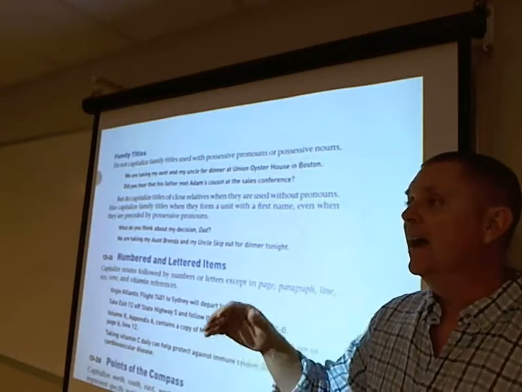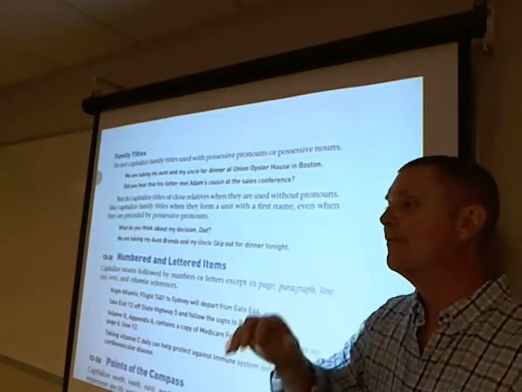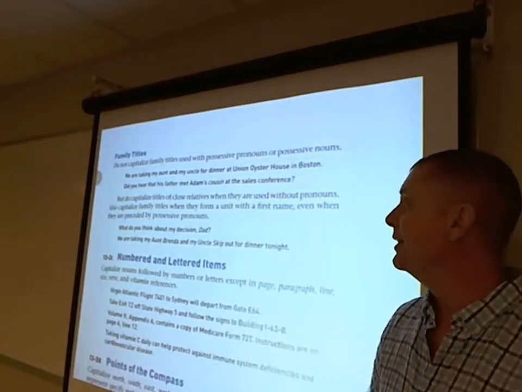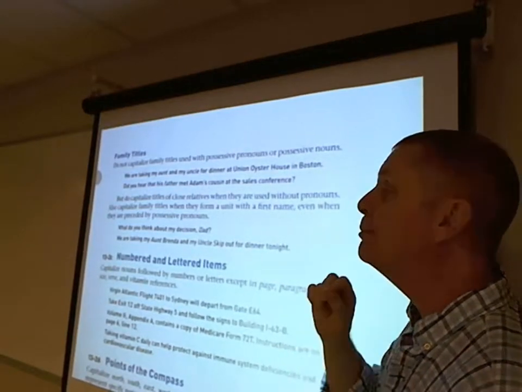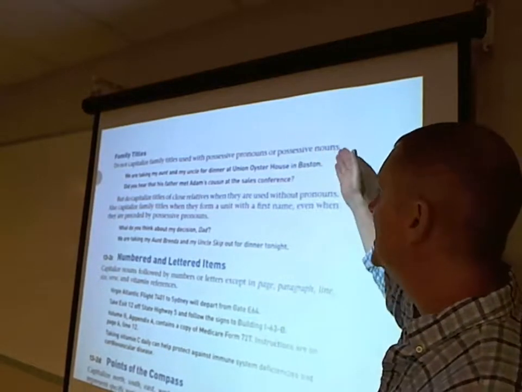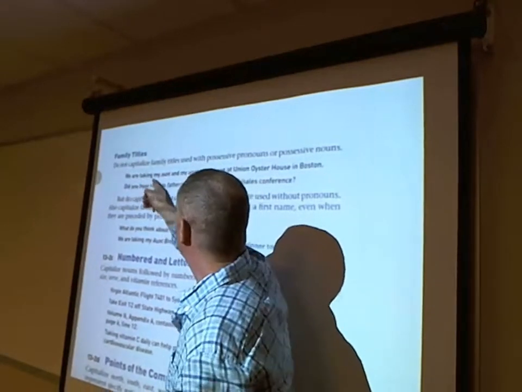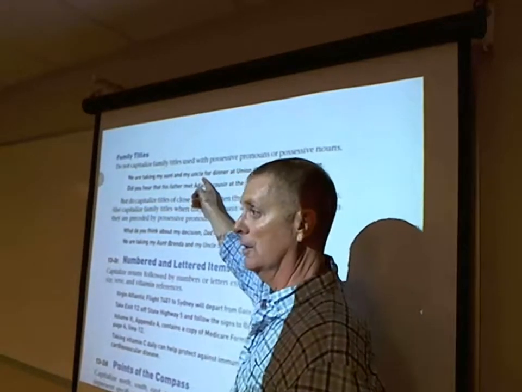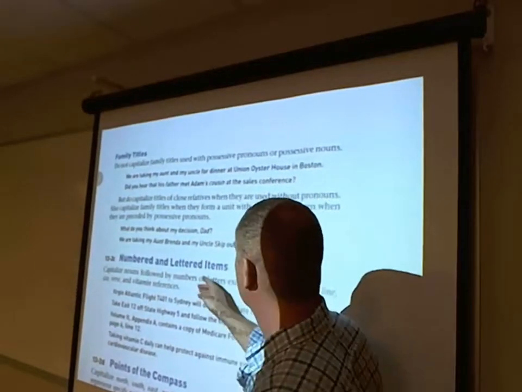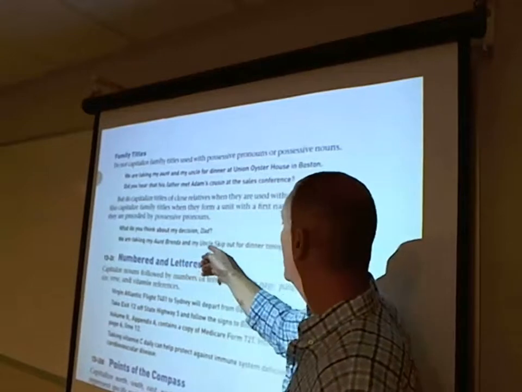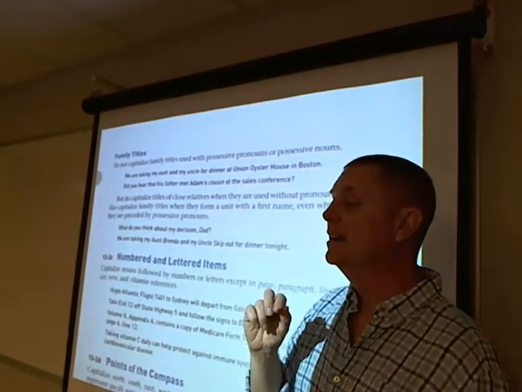This area right here says do not capitalize family titles used with possessive pronouns and possessive nouns. But a first name is not being used. We are taking my aunt and my uncle. Now if I said later, we are taking my Aunt Brenda and my Uncle Skip, when a first name is used, then those titles are capitalized. But here, they are not whenever they don't have a first name associated with them.